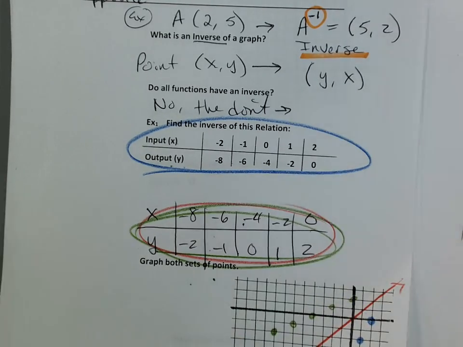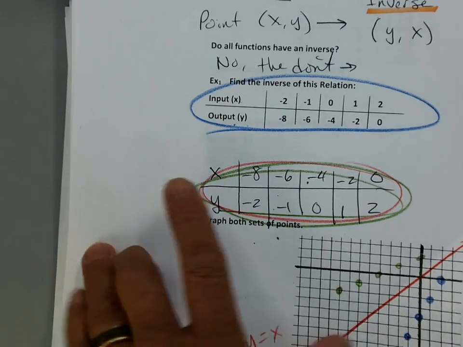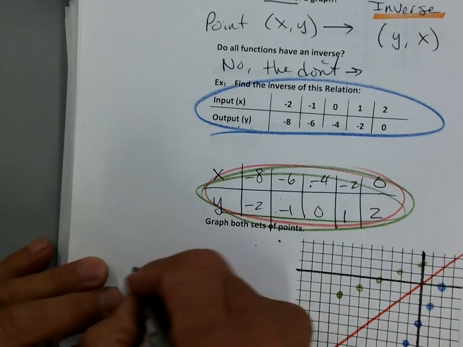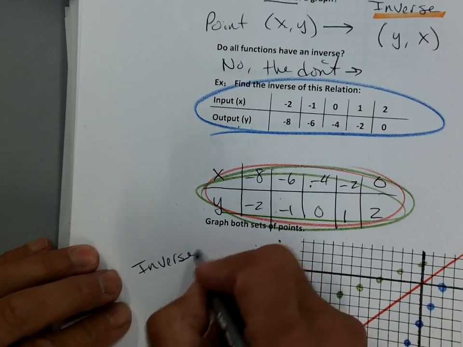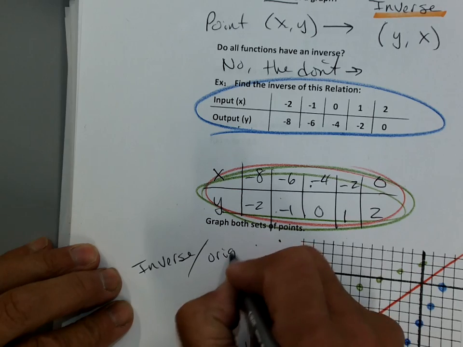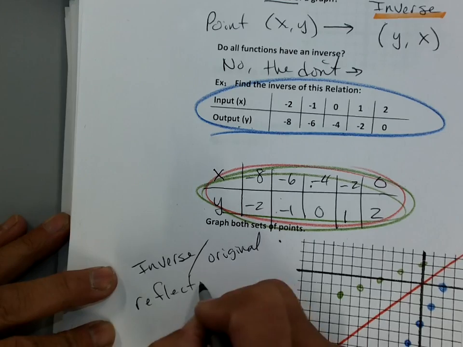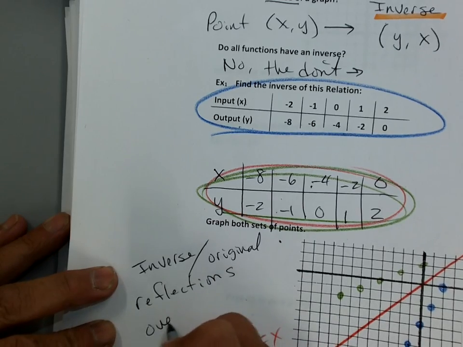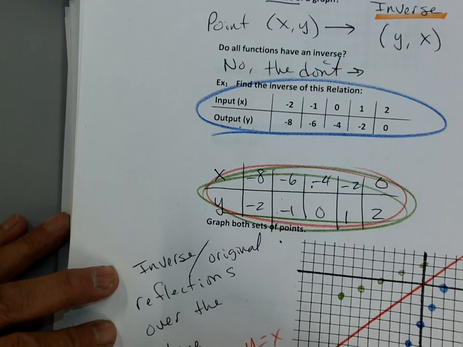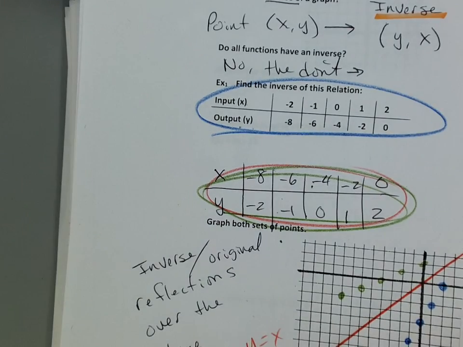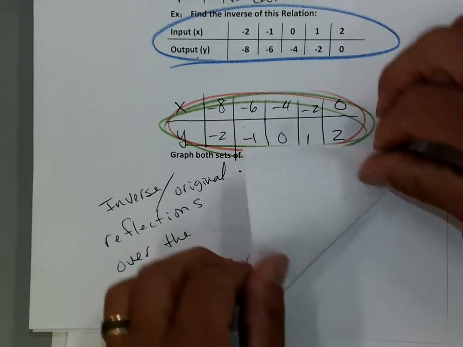Directly opposite, okay? So if it is an inverse, then what we want to know, kind of an important thing, is that an inverse and its original are reflections over the line y equals x, okay? Always. It will always happen. But you can see that I graph my points, and then they fold right on each other, okay?